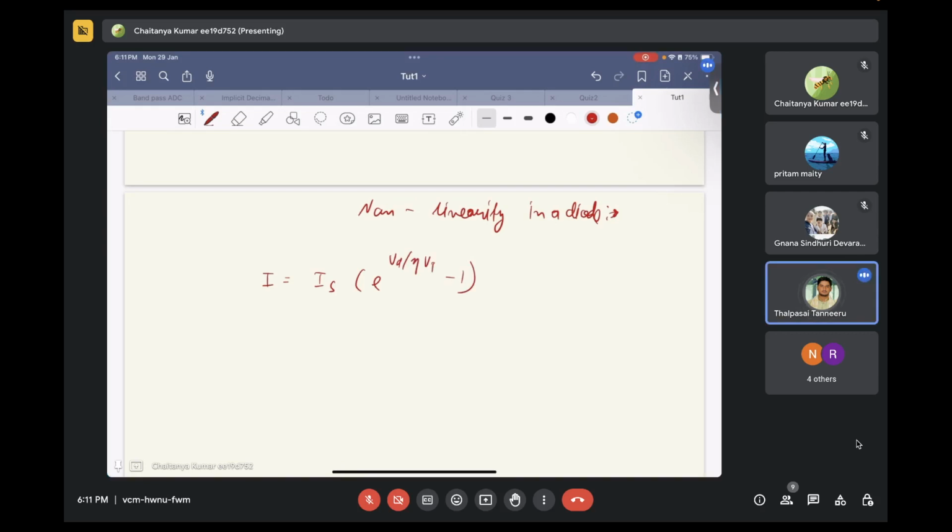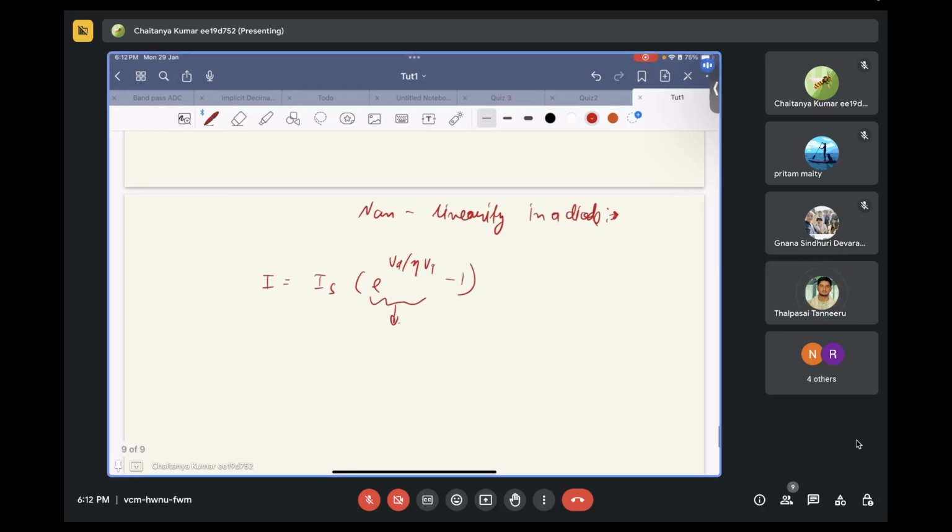Okay, yes. What happens is, you are familiar with the concept that any function can be written in the form of its Taylor series approximation. So, what is the formula for Taylor series?